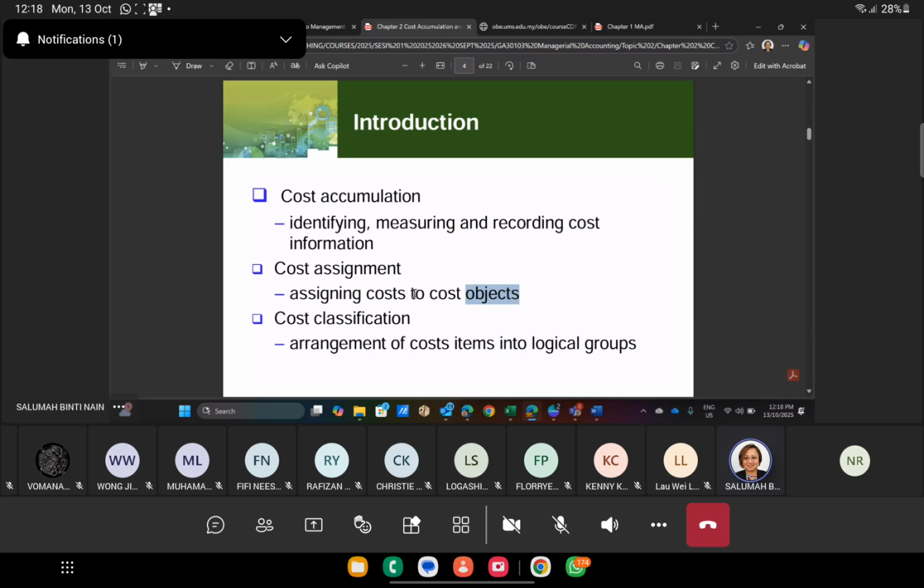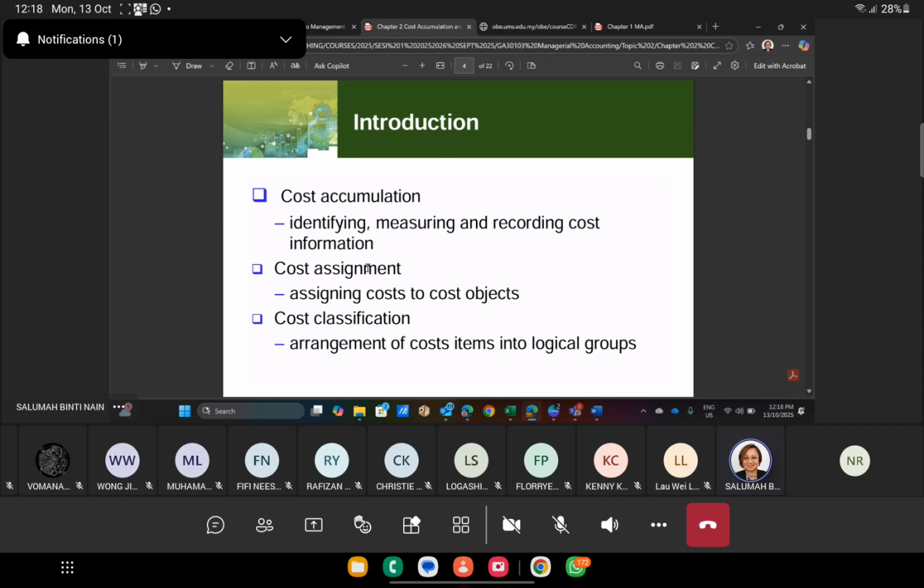Product cost, period cost, manufacturing cost, direct material, direct labor. Okay, and once again, how we classify the cost is the arrangement of the cost items into logical groups. Sometimes fixed cost is also under cost assignment, and fixed cost under cost classification, because that is going to be used either for the cost object or for the group.